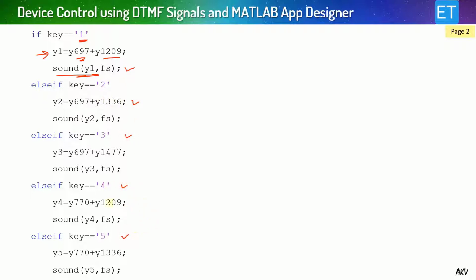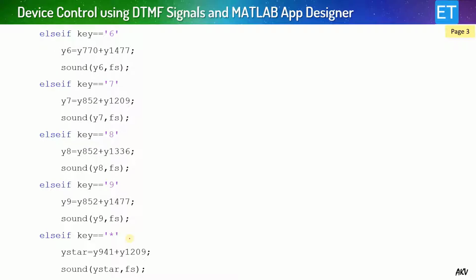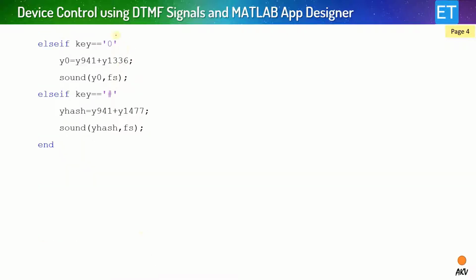It's quite simple, you just have to add the corresponding sine wave pair. And this is for key 6, key 7, key 8, key 9, and then this is for star, and this is for 0, and this is for key hash. So this is a very simple MATLAB function.